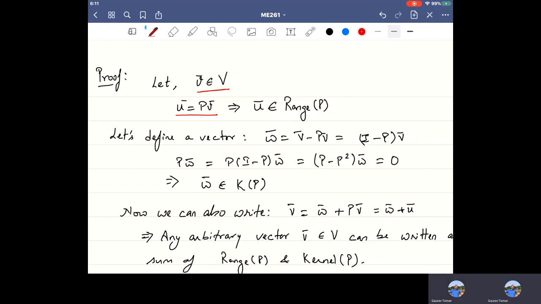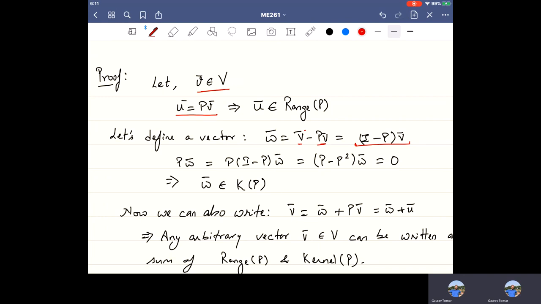So, in a way, we have removed u from v, and you can write this as a sum of two transformations: I minus P times v, where I is the identity transformation.